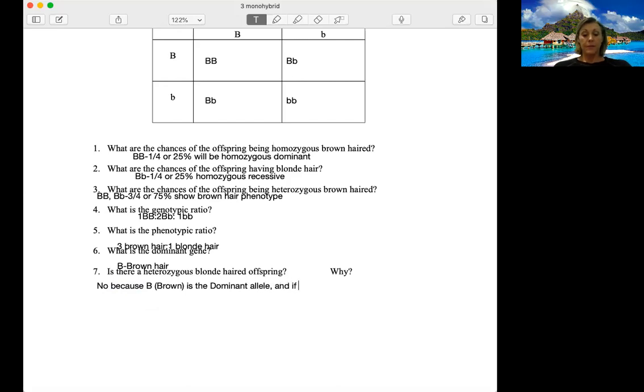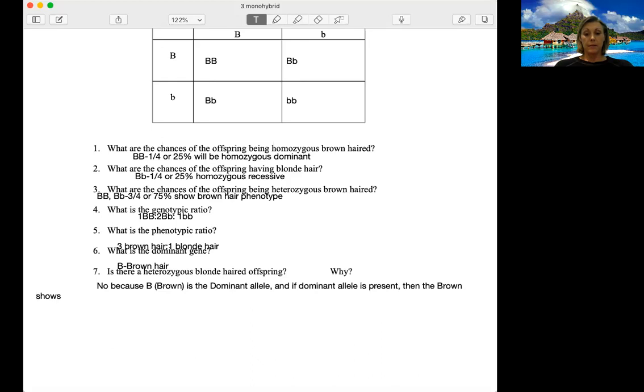And if the dominant allele is present, then the brown shows. Okay?